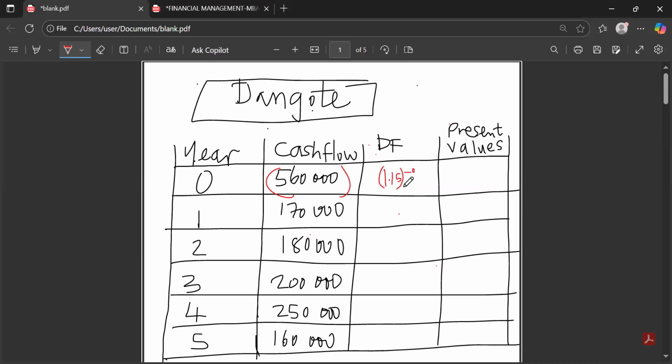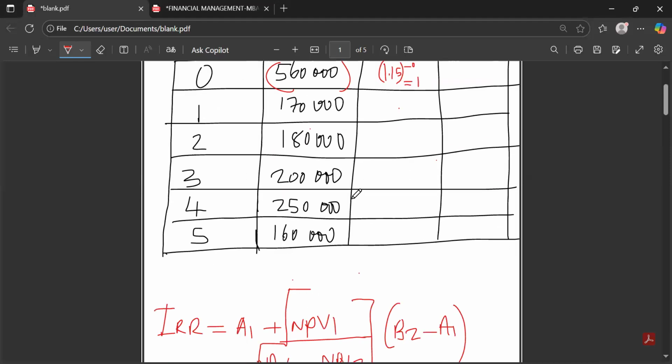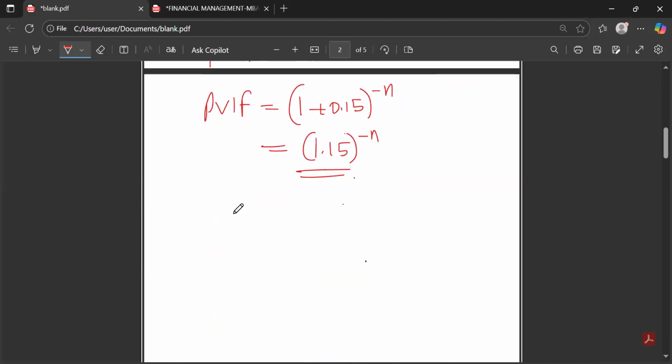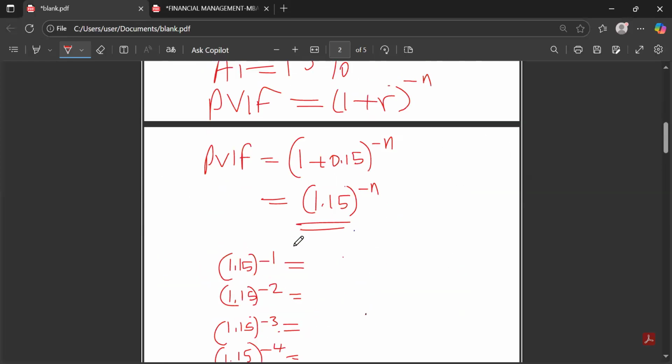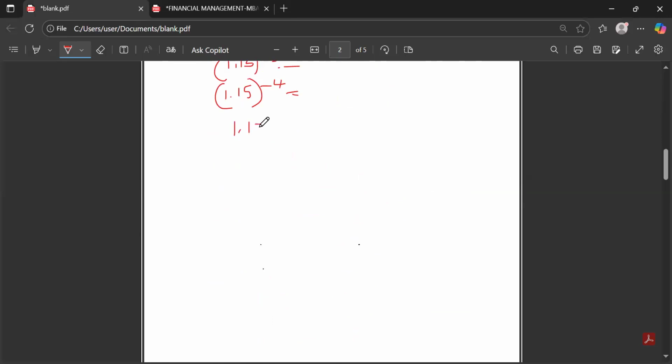So here it's 1. Then the other one, find the factor for year 1, 1.15 to the power negative 1. 1.15 to the power negative 2 for year 2. Go for 4 decimal places, all right? The power negative 3, as we are looking for the financial tables so that I can give you the figures. Then year 5, 1.15 to the power negative 5.